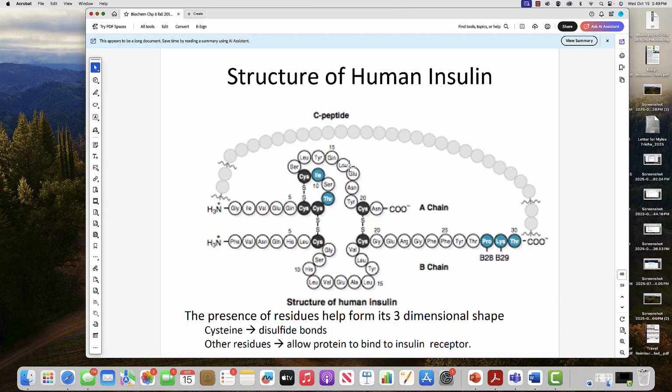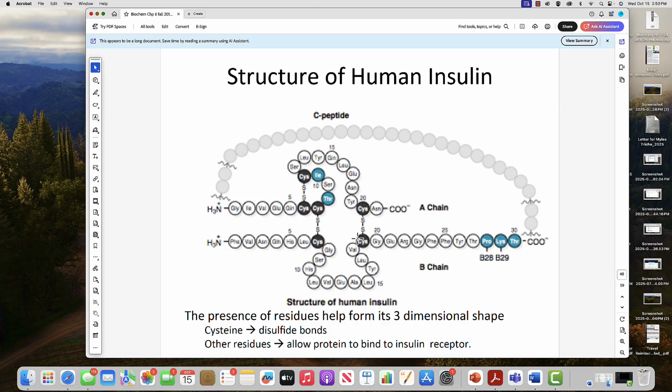So here is a schematic of the structure of human insulin. And it shows the residues and how these residues interact with each other to form this 3-dimensional shape. For example, there are multiple cysteine amino acids in insulin. And we already know if there are multiple cysteine amino acids, they can form disulfide bonds, as you see here.